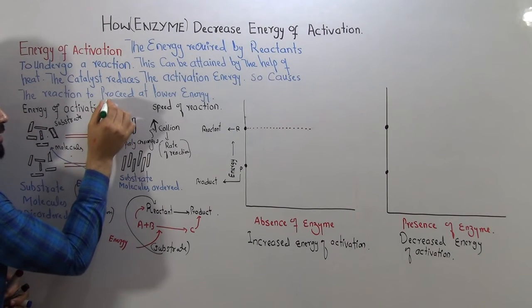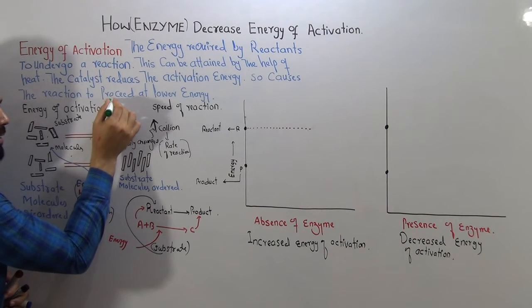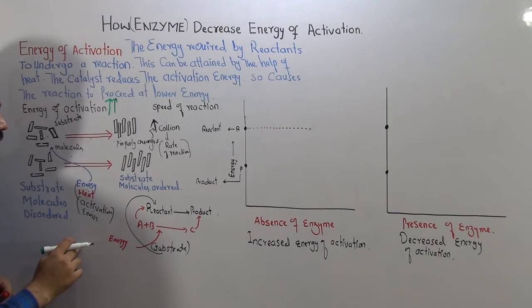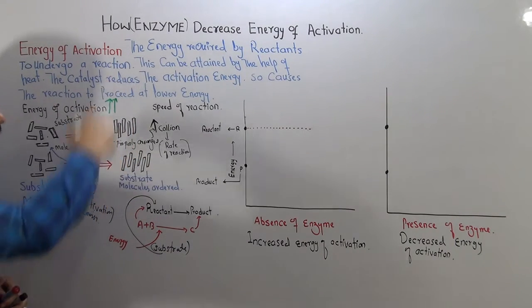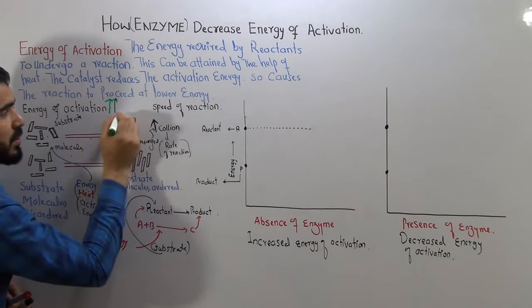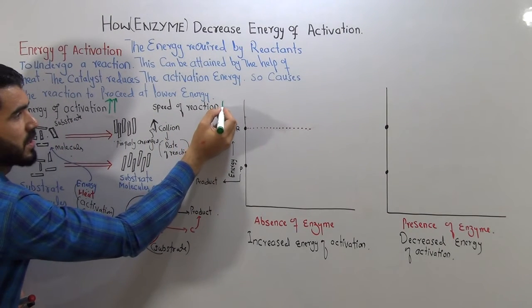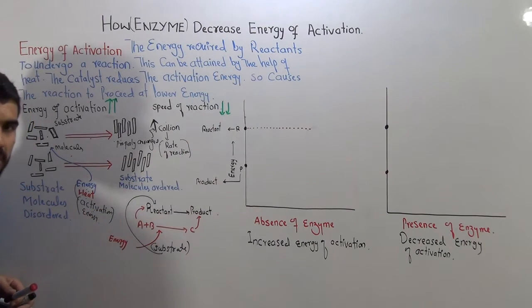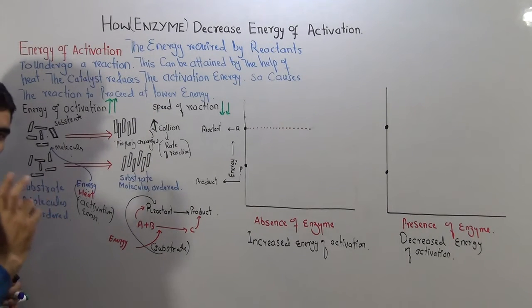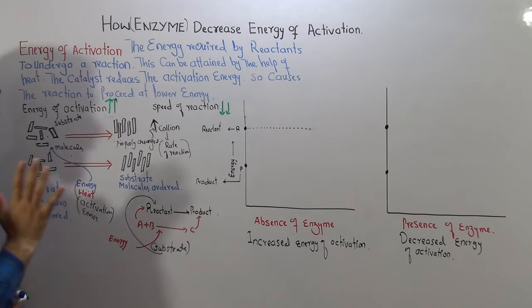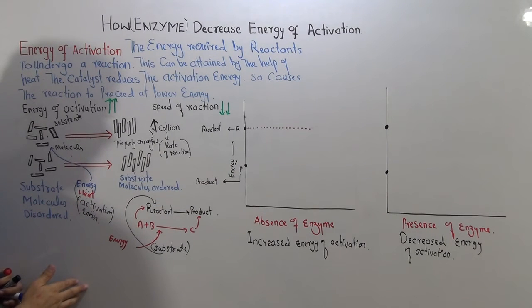If a reaction has a high energy of activation, let me write these double arrows to show you, because of the high energy of activation, the speed of reaction will be less. Why? Because you need to provide more heat, more energy.